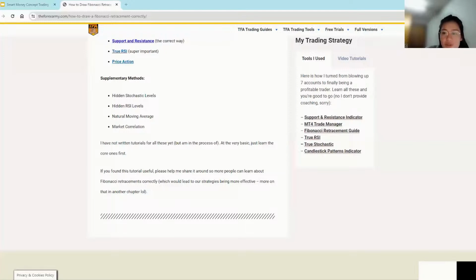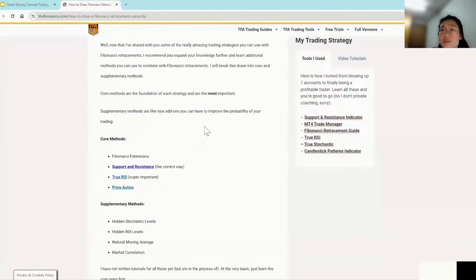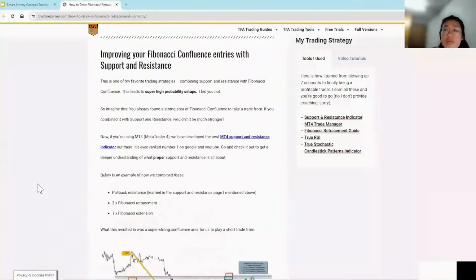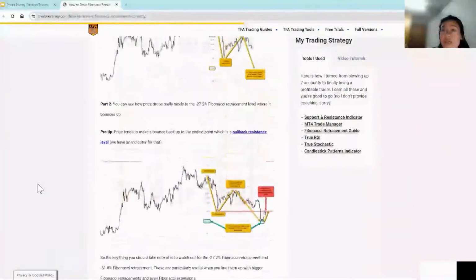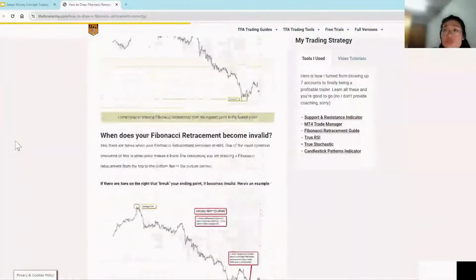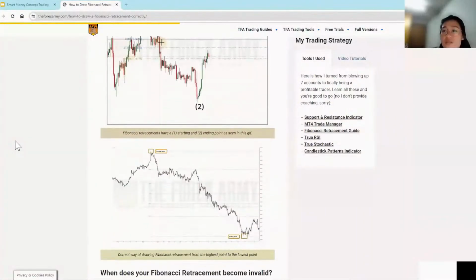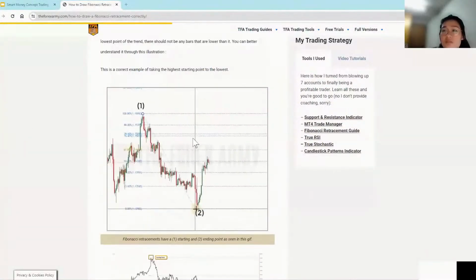This is just for Fibonacci, the different Fibonacci techniques, because I don't have time to go through all of them today. So I'm only talking about the one that is recommended by your SMC, which would be these, the retracement.